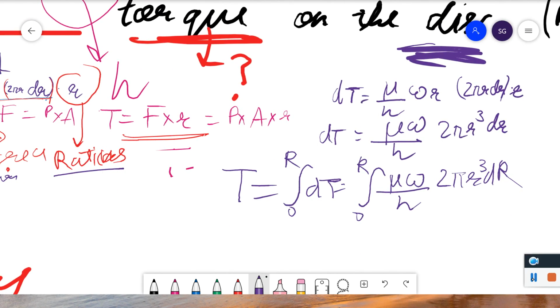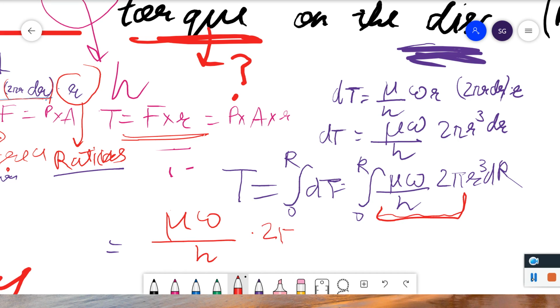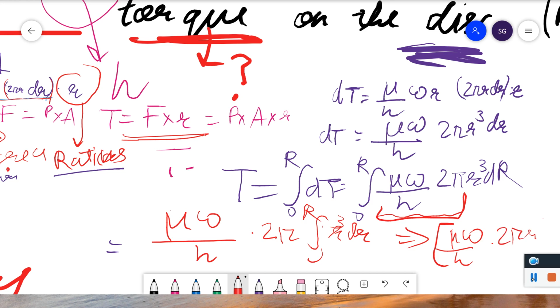We have integrated it, and after integration, this part is constant, this is constant, so it will come out as it is, only the r will change. So the constant part will be mu omega upon h dot 2 pi, integration of 0 to r r cube dr, and our final answer would be mu omega upon h 2 pi r 4 upon 4, limits r to 0.